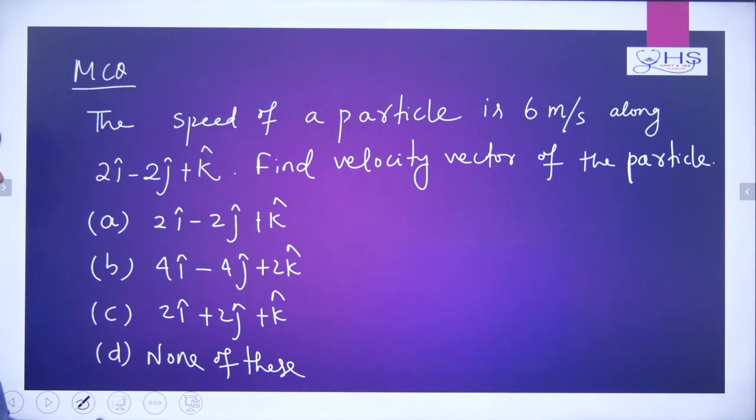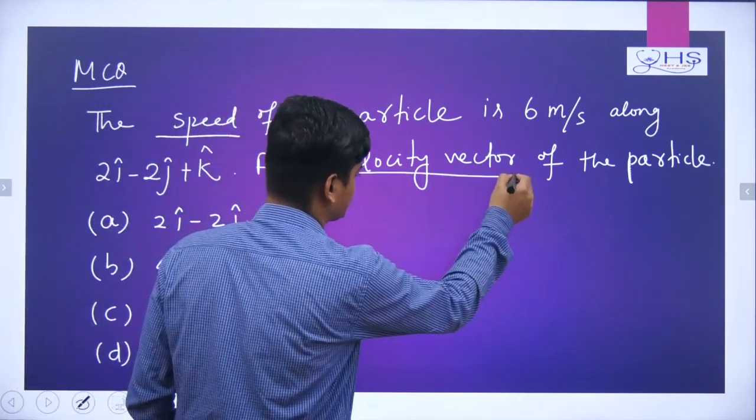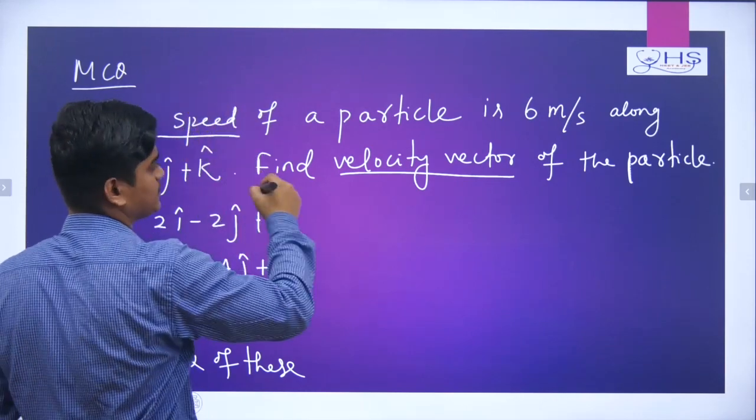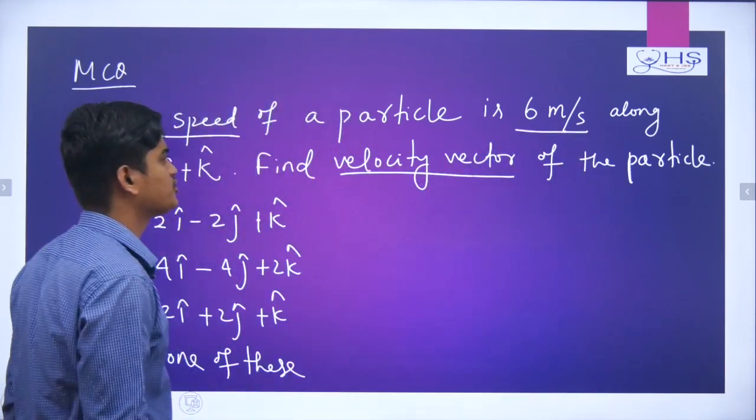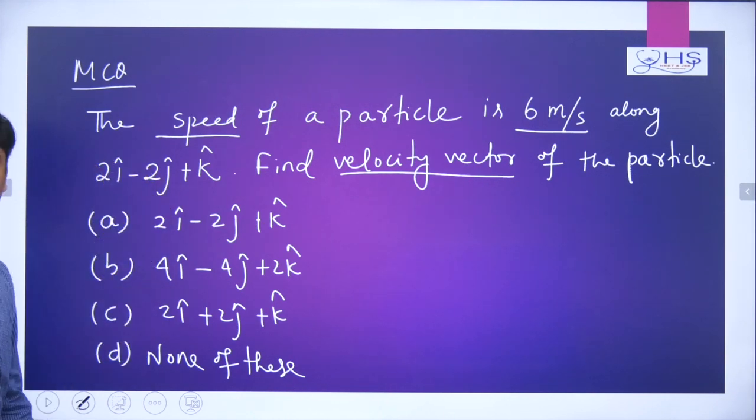So understand what they are asking. They are asking for the velocity vector, and they have given the speed, which is 6 meter per second, along the direction 2i minus 2j plus k.